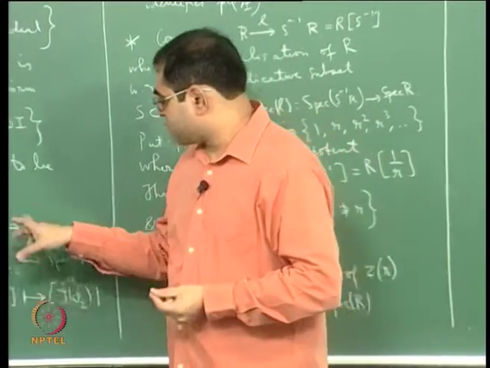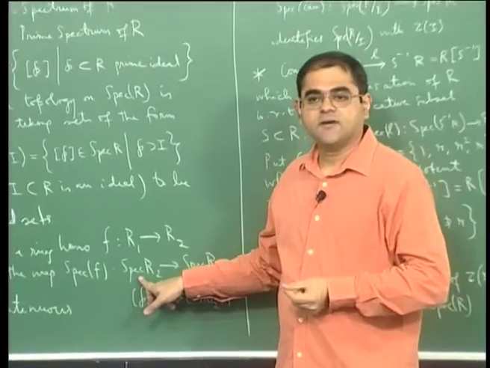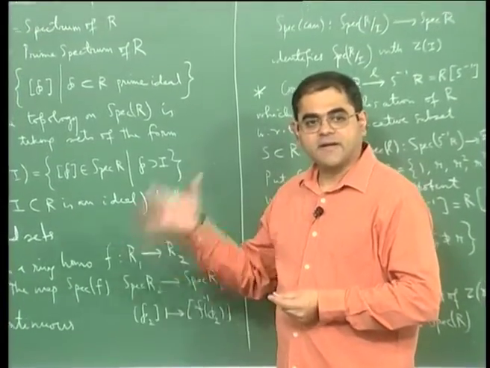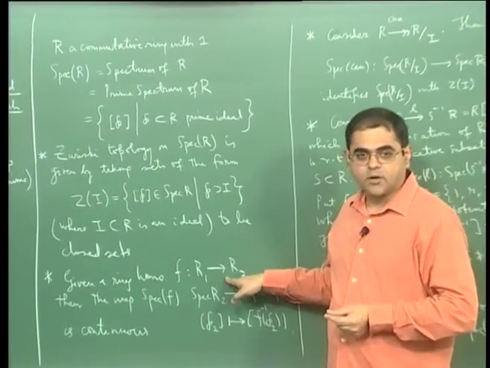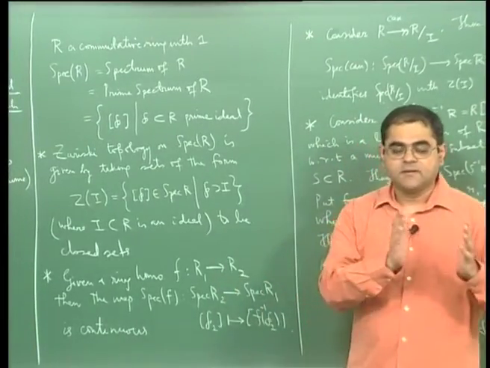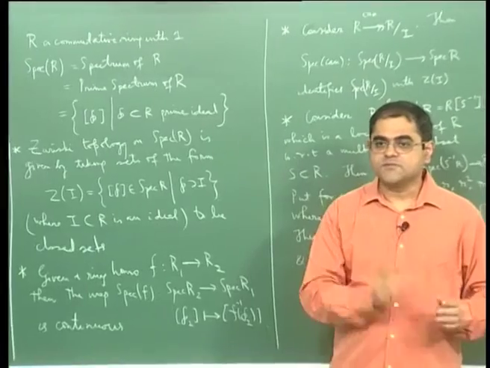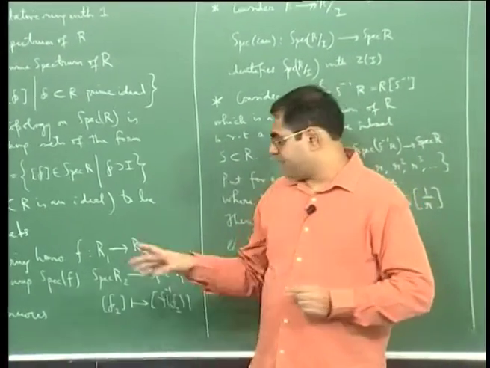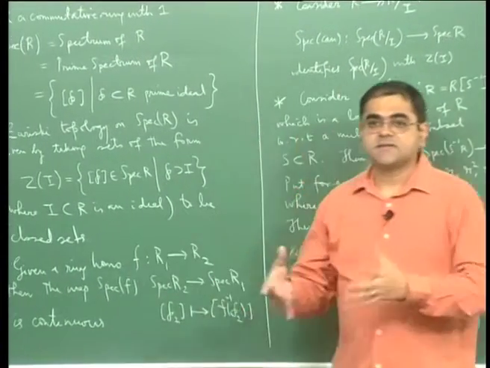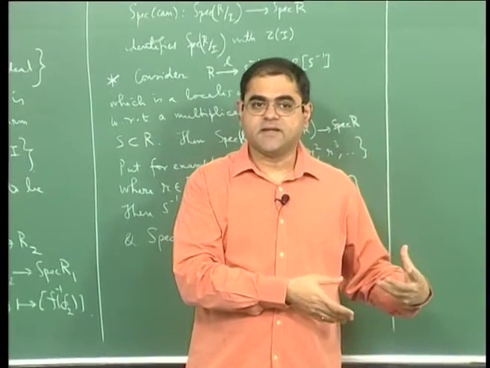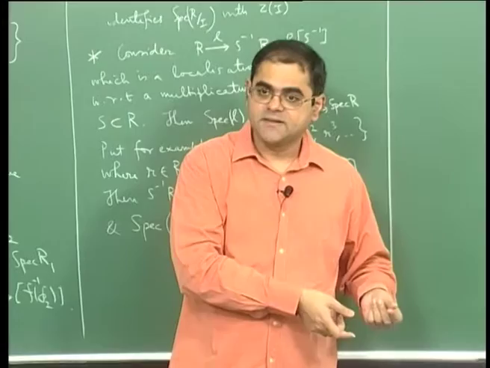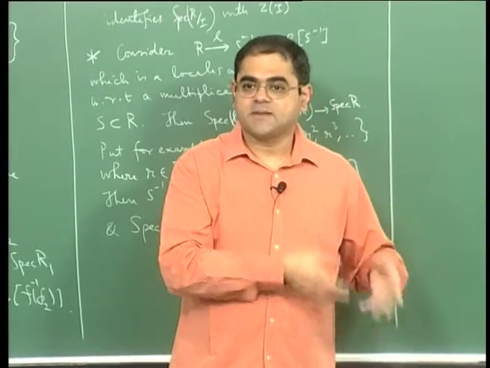So Spec is a contravariant functor from the category of commutative rings with 1. The objects are commutative rings with 1, and the morphisms are ring homomorphisms which carry 1 to 1. And from this category, Spec is a contravariant functor into the category of topological spaces, namely the category for which the objects are topological spaces and the maps are the continuous maps.